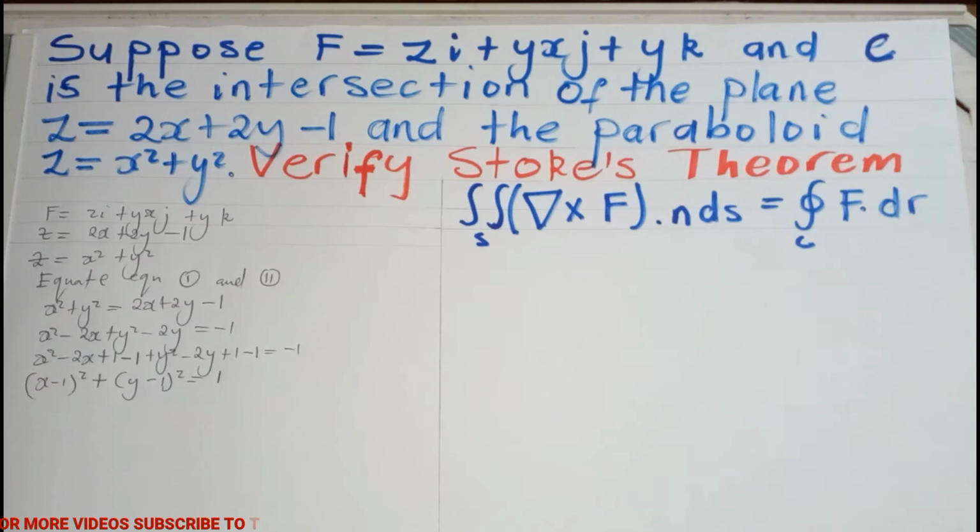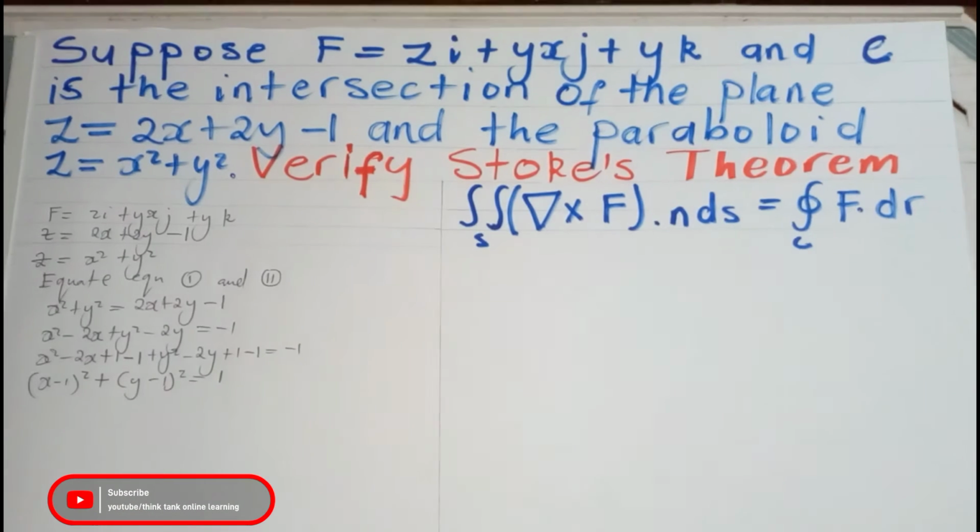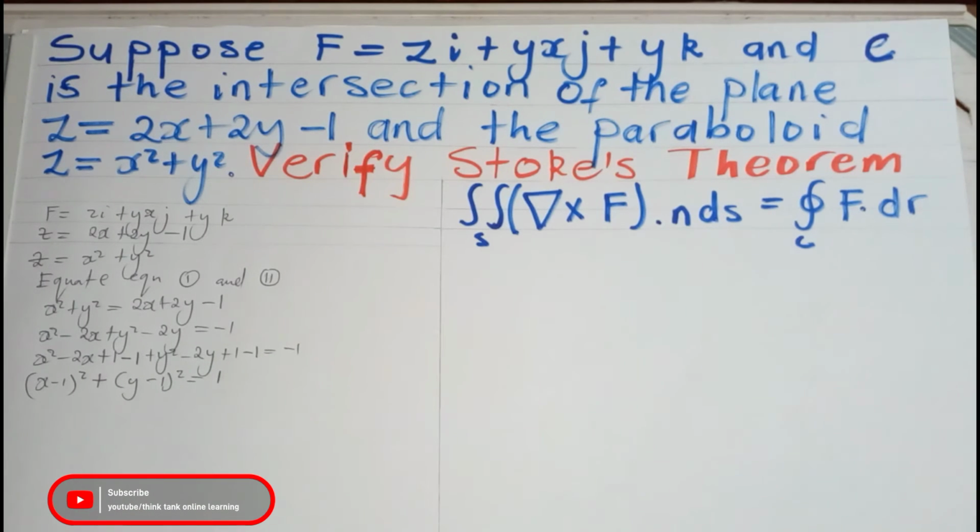Now we know this is a full circle, so we have our range for theta and for r, where the radius is 1.